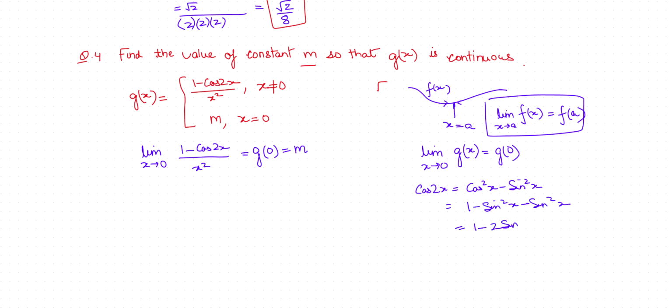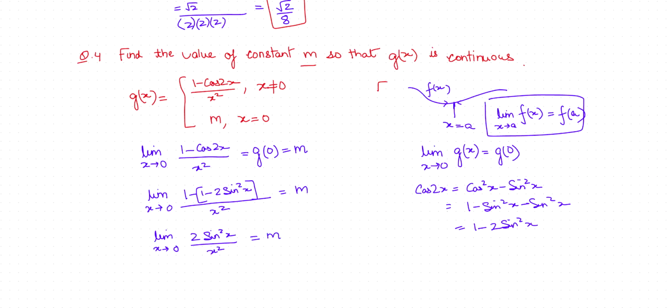Let's put it in and simplify. Now on simplifying, the 1 and minus 1 cancel. This gives 2 sine square x over x square, and this is equal to m.